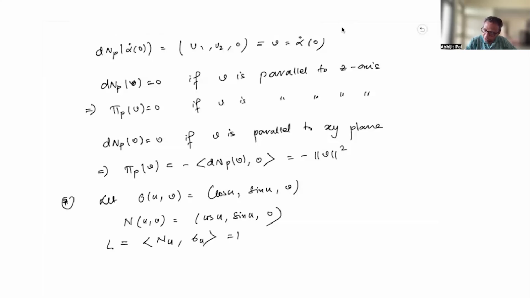Note that here the partial derivative means that for each component you take the partial derivative.